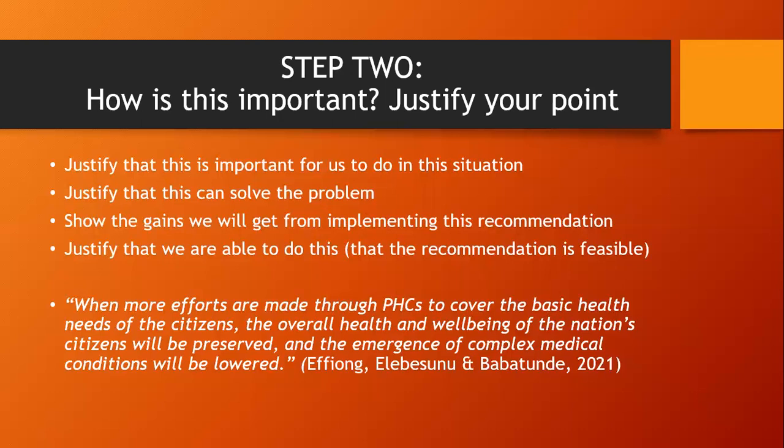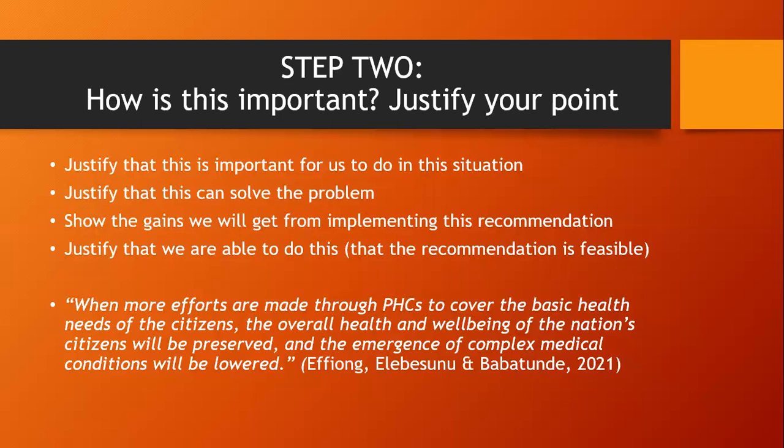Let's look at the example from the authors. When more efforts are made through primary care centers to cover the basic health needs of the citizens, the overall health and well-being of the nation's citizens will be preserved. Now, when more efforts are made through primary care centers to cover the basic health needs of the citizens, is the recommendation or the plan of action the authors are putting forward.